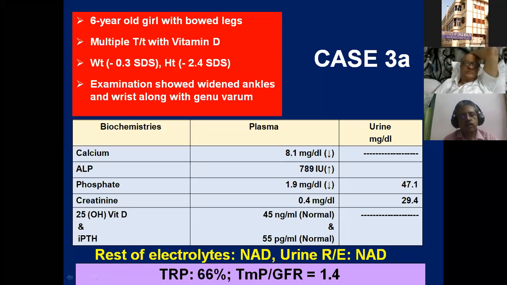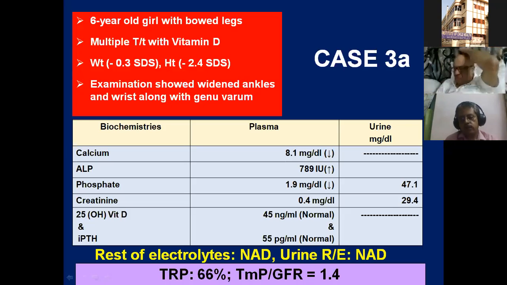We look for the loss of phosphate in the urine, and that can be done through a tubular reabsorption of phosphate or TmP/GFR, and it confirms that the child is losing phosphate in the urine.